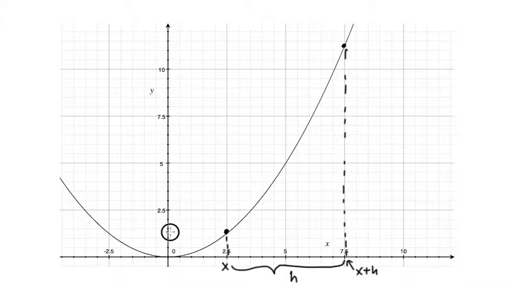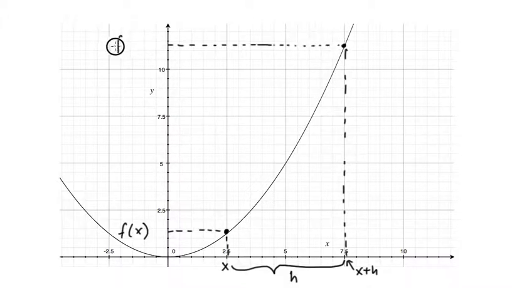This x has a y value, which is going to be represented by f of x, and this x plus h value has a y value that's going to be represented by f of x plus h.